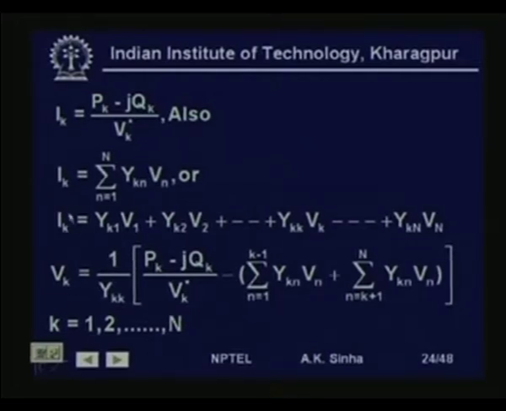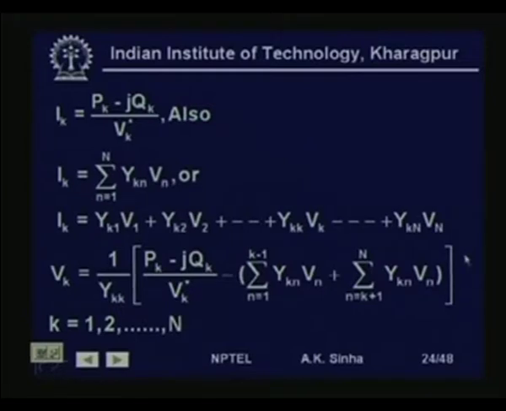Instead of writing I k, we write P k minus j Q k by V k conjugate, minus summation Y kn into V n from n is equal to 1 to k minus 1, that is up to this term. So, all these terms have been taken on this side, minus summation Y kn into V n from n is equal to k plus 1 to N, that is from here to here. So, leaving this term, all the rest of the terms have been taken on this side.